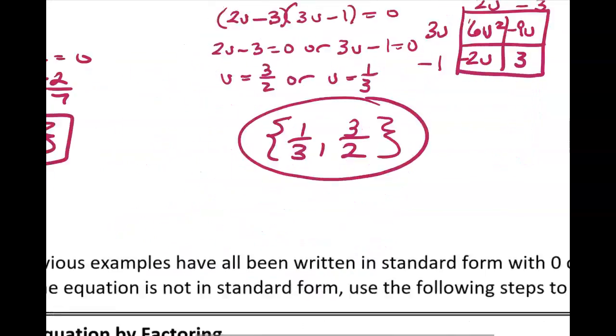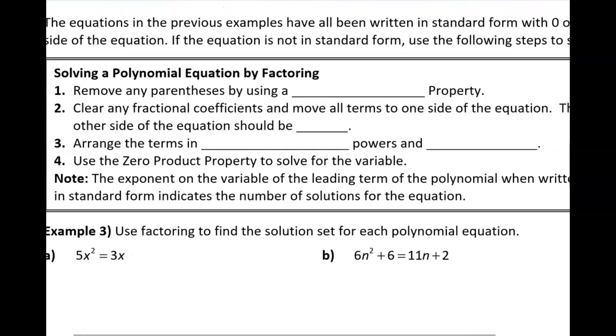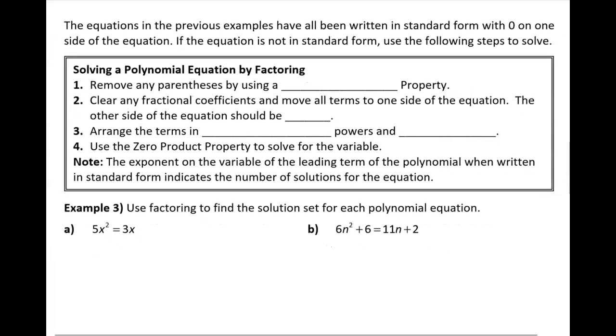All right, let's take a look at some examples where they're not written in standard form. So we'll have to do more than just factor. So some guidelines here. We will remove any parentheses using the distributive property, unless it's already factored for you and the other side of the equation is equal to 0. Clear any fractional coefficients.